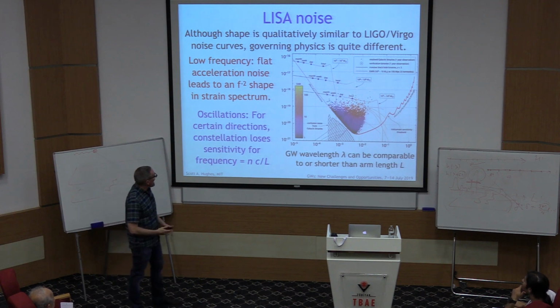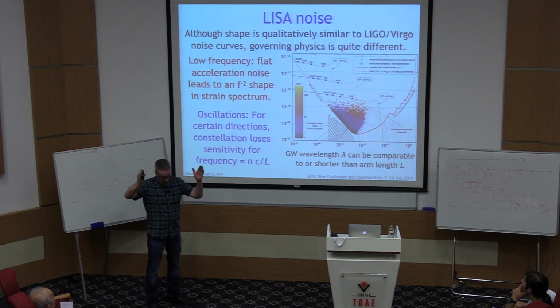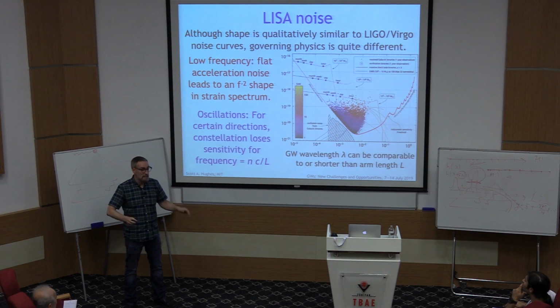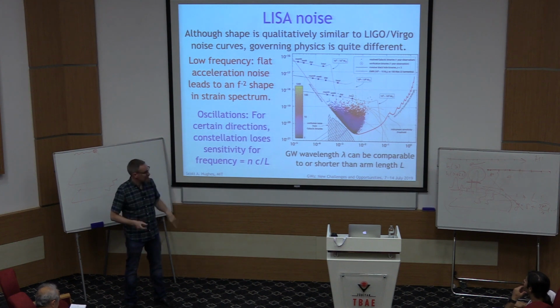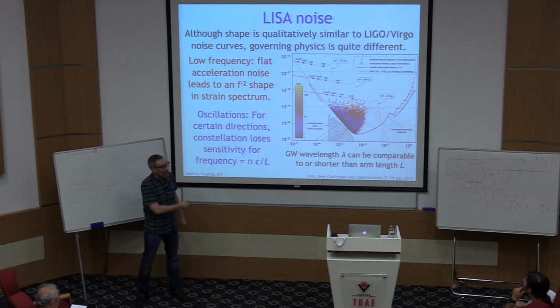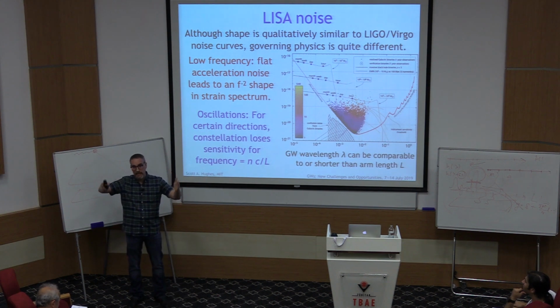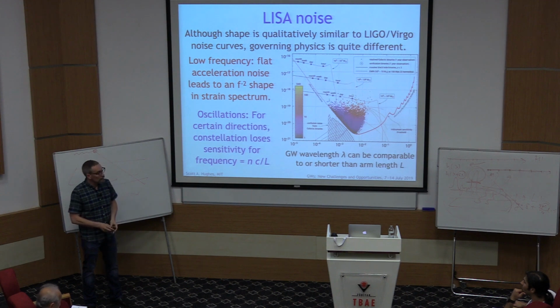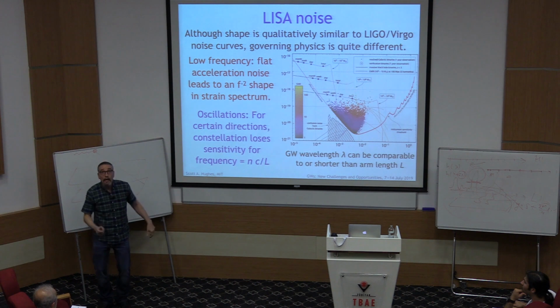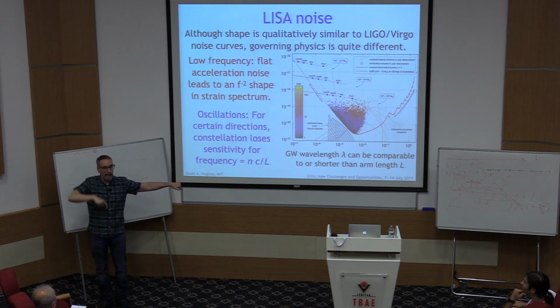And it can be shown without too much effort that at least for certain directions, when you are on this condition where the frequency exactly sort of is an integer match to 1 over the light travel time, you completely become insensitive to gravitational waves, at least from certain directions. And the reason for this, imagine I have my gravitational wave detector like this, and the gravitational wave comes down my arm.